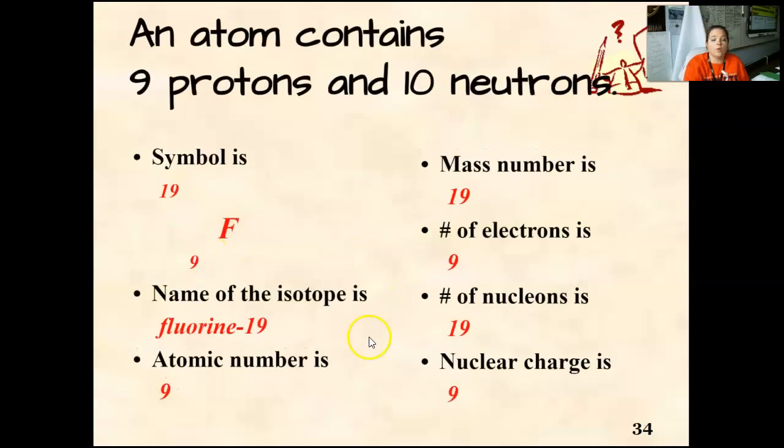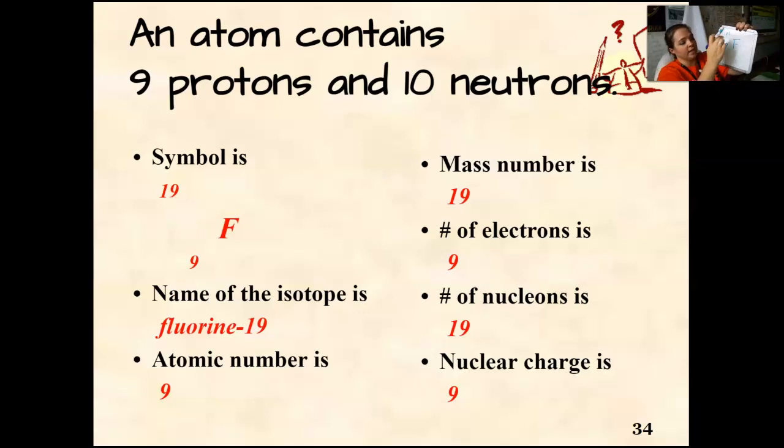All right. If an atom contains 9 protons and 10 neutrons, you put 9 on the bottom. Looking on my reference table, 9 is F. We know there are 10 neutrons, and 10 plus 9 is 19, which goes up there.